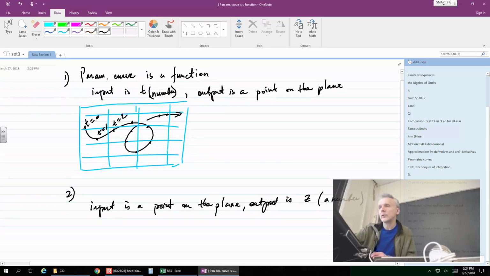As you're planning your trip, what you might also be interested in is the elevation. First of all, I want to point out that we're talking about a function of two variables now. The location is a point on the plane, xy, just as it is here, but this time it's not the output, it is the input. And then the output could be elevation.